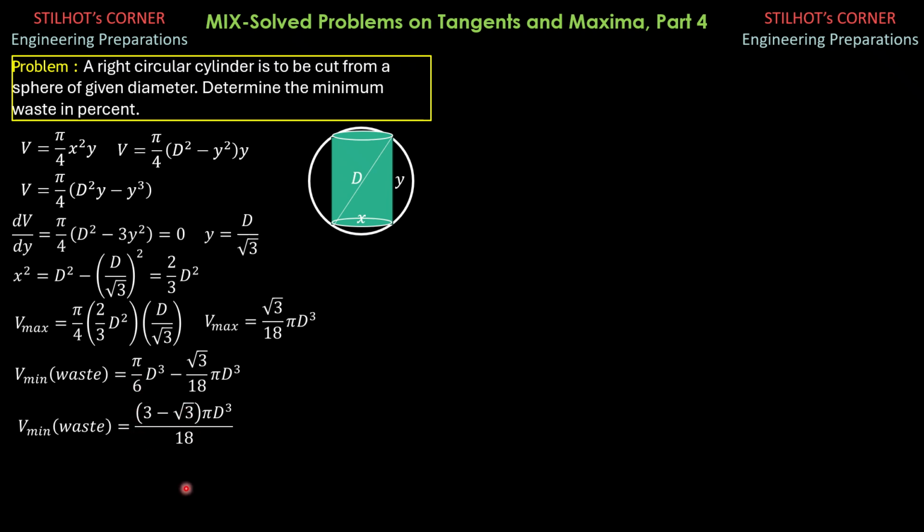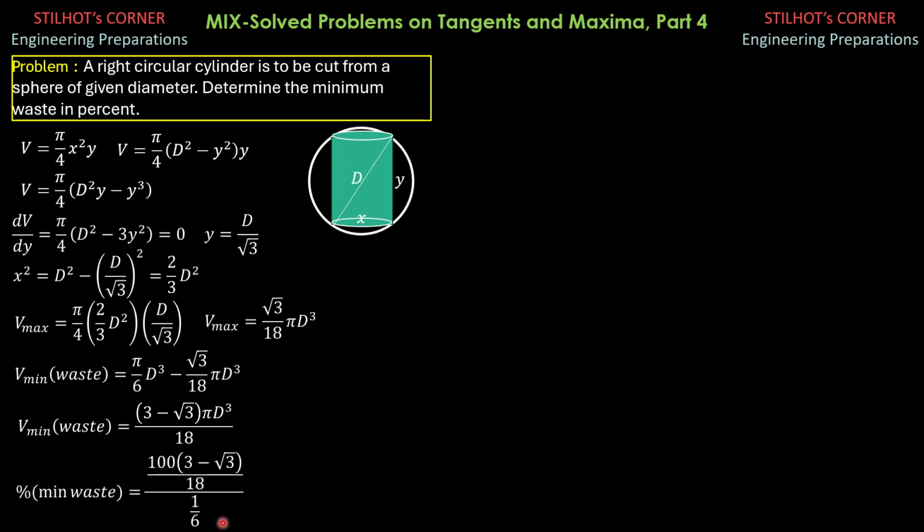Then the entire expression is multiplied by 100. So the percent minimum waste is 100 times quantity 3 minus square root of 3 over 18 divided by 1 over 6.